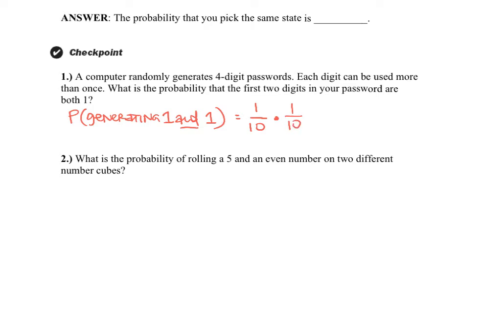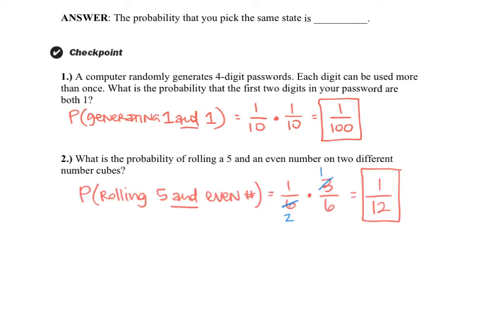And the probability that the second one is a 1 is also a 1 out of 10. So when I multiply those two probabilities, I get 1 over 100, which is in simplest form. And again, I have my label already at the beginning. So why don't you pause the video right now and try number 2. When you're ready to check your answer, press play again.